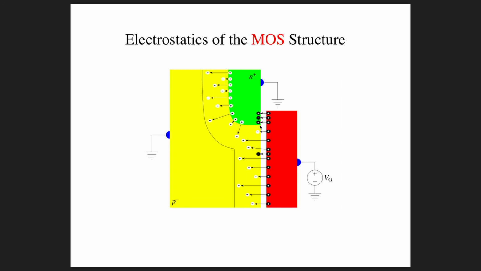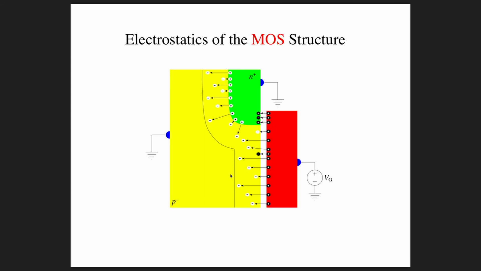And so there's practically no energy barrier for electrons to go from this N plus region, where they are happy, into this low energy region, this notch of low energy that we've been creating by moving gate charges up here and creating this depletion region.